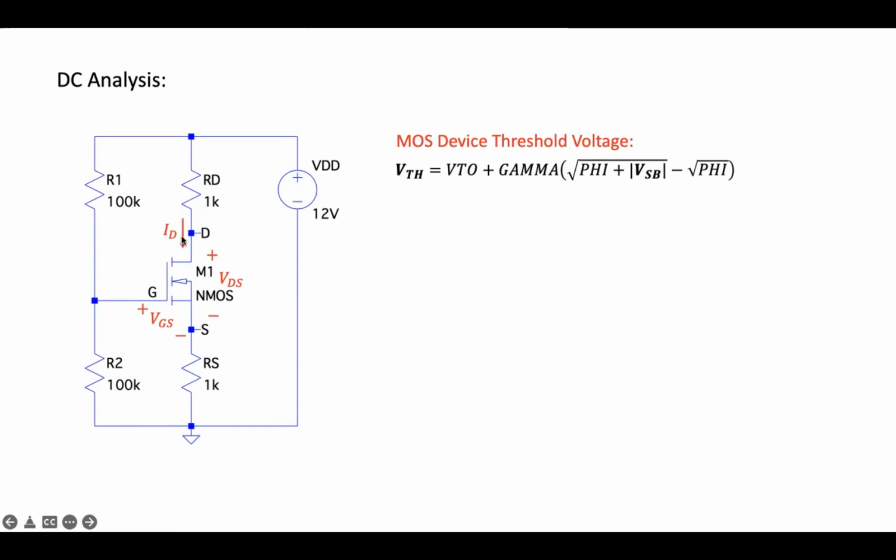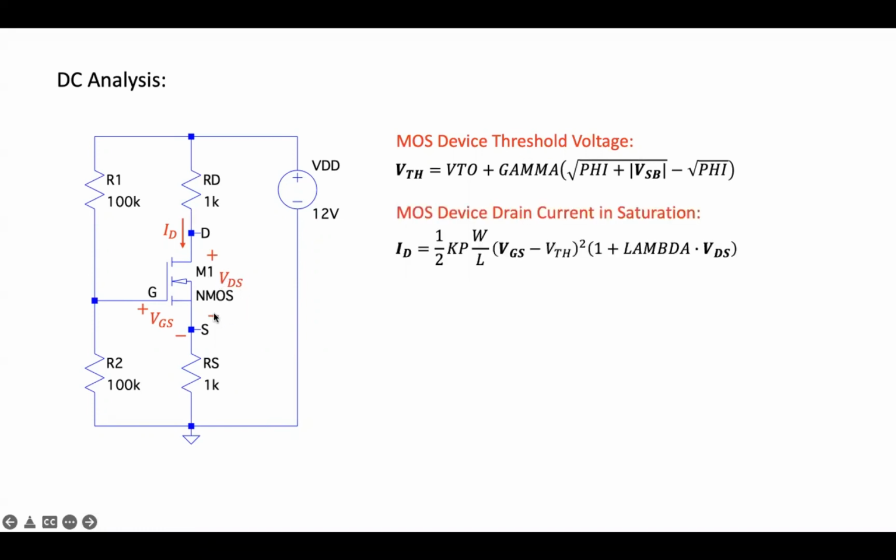Then aside from the VGS, drain current is also affected by the VDS. We are going to use the MOS device model or equation for the drain current in the saturation condition. So our equation is drain current is equal to 1/2 Kp W over L times (VGS minus VTH) squared, all multiplied by (1 plus lambda VDS).